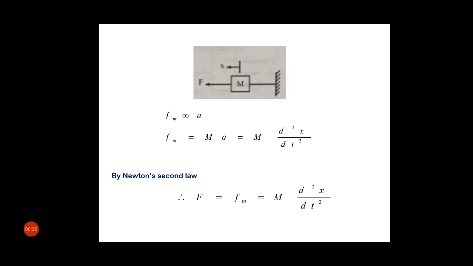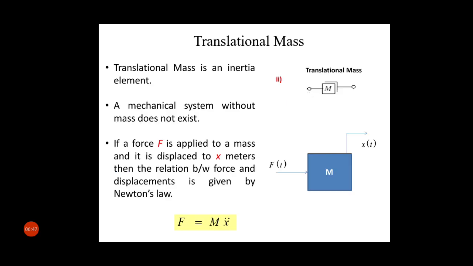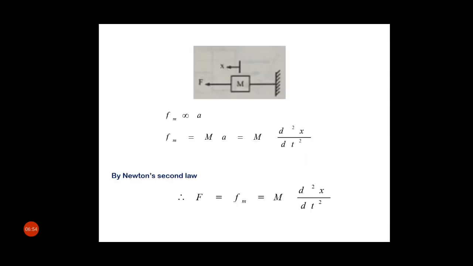So here we consider the constant m, which is the mass. So this reaction force Fm equals m into a, and acceleration is nothing but the double derivative of displacement. So Fm equals m into d2x by dt2, which is represented by x double dot in the previous slide. According to Newton's second law, the applied force is equal to this reaction force, which is equivalent to m into d2x by dt2.